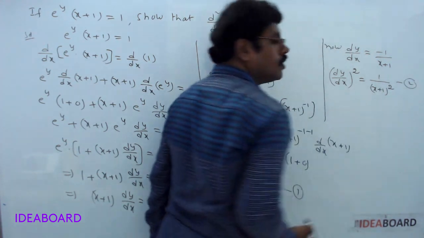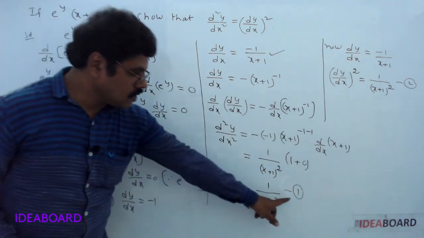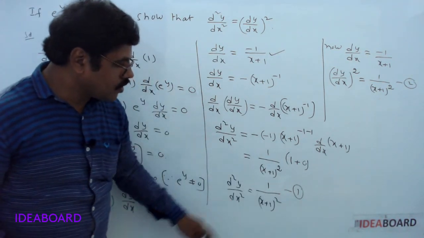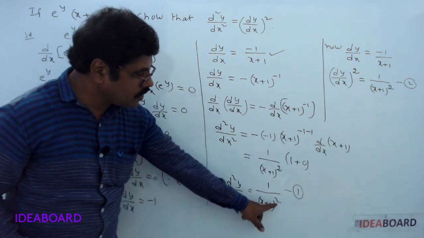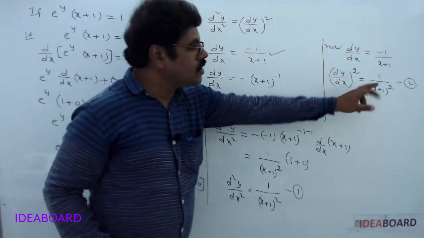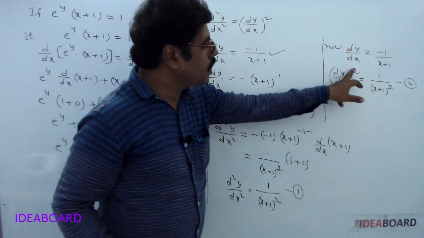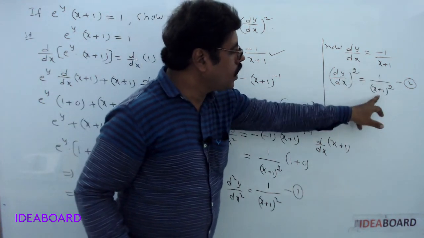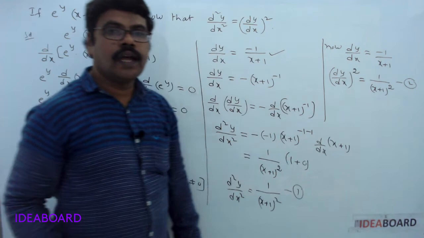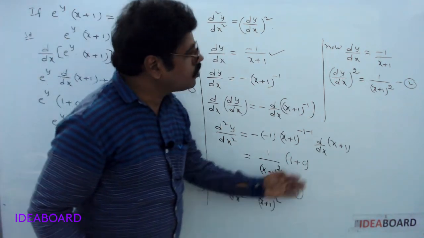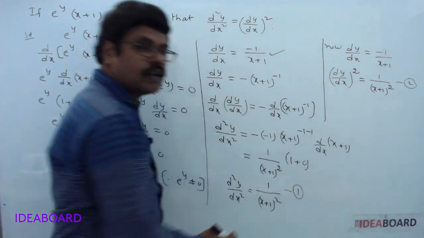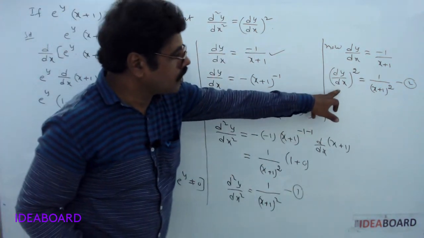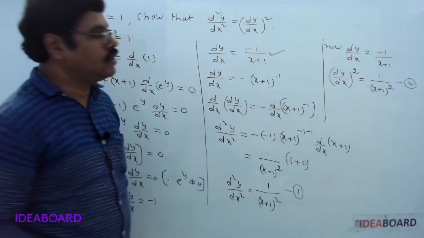Call it as equation 2. What is equation 1? d square y by dx square equals 1 divided by (x plus 1) whole square. What is equation 2? (dy by dx) whole square equals 1 divided by (x plus 1) whole square. If you observe equation 1 and equation 2, RHS values are equal, so you can equate the corresponding LHS values.